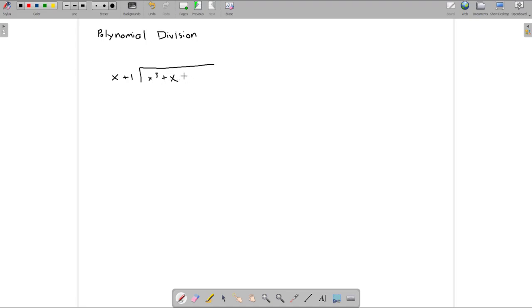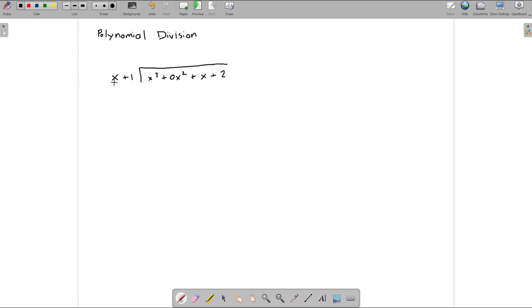Oh, right, and I want to write out all of the terms, right? So I'm missing that x squared term. I should put a 0 for that, plus x plus 2. Okay, so x cubed plus x plus 2 divided by x plus 1.